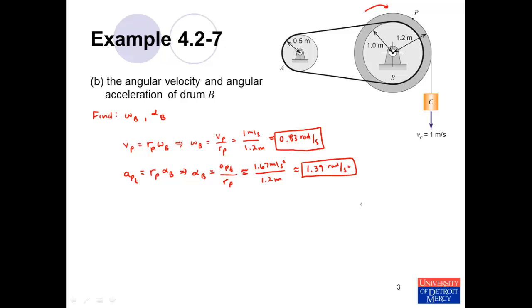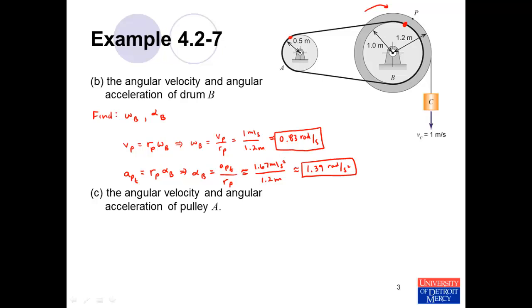So that gives us the angular velocity and angular acceleration of drum B. The last part of the problem asks for the angular velocity and angular acceleration of the pulley. And the fact that this drum is connected to this pulley via a belt, and we'll assume that the belt is not slipping, means that the motion of any one of these points on the belt are constrained to move together.